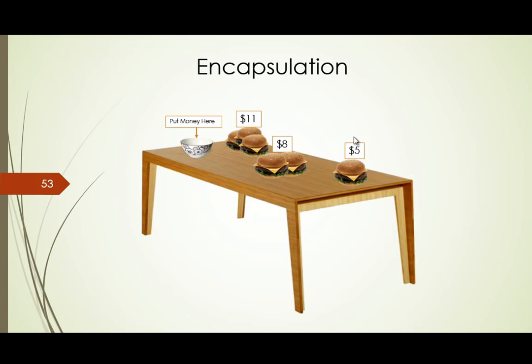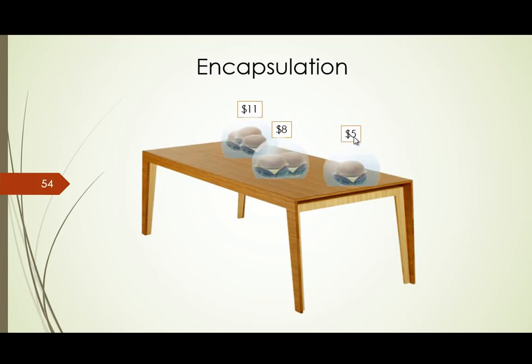So what can you do to solve this problem? You can box those or encapsulate those, in terms of programming, so that no one can get the burgers easily. So what do I mean by easily?